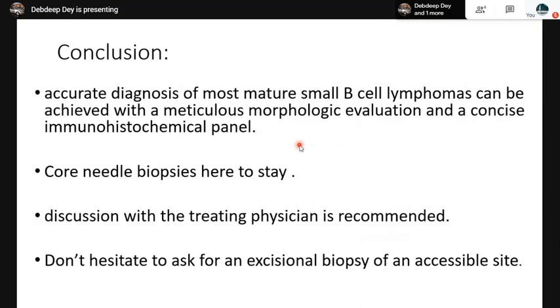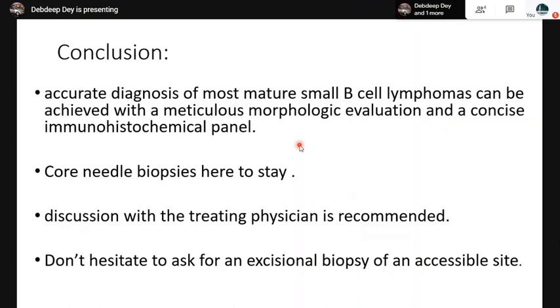So to conclude, accurate diagnosis of most mature small B-cell lymphomas can be achieved with a meticulous morphological evaluation and a concise immunohistochemical panel. Now, however, we might emphasize the fact that architecture is the key. In core biopsies, architecture is difficult to identify.